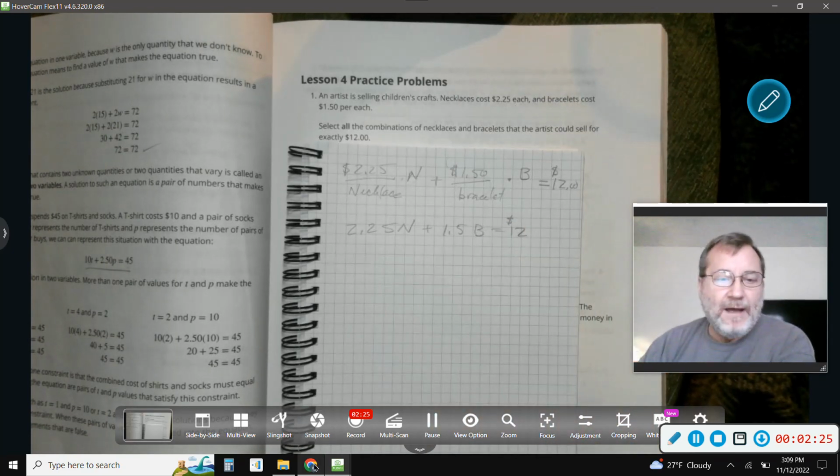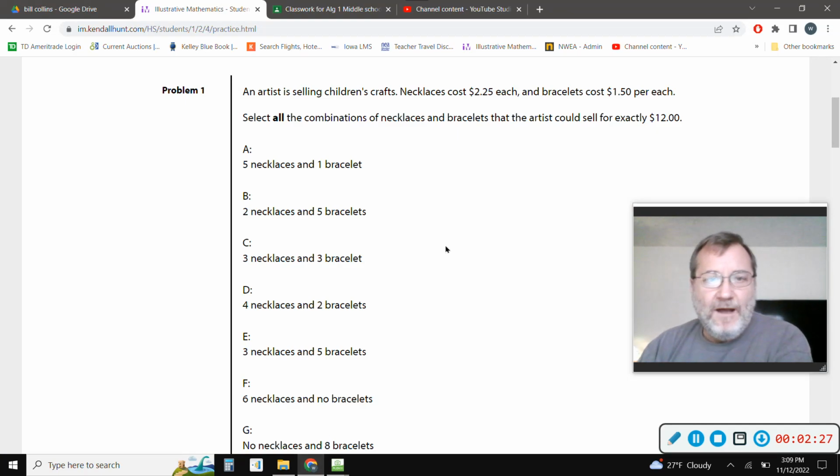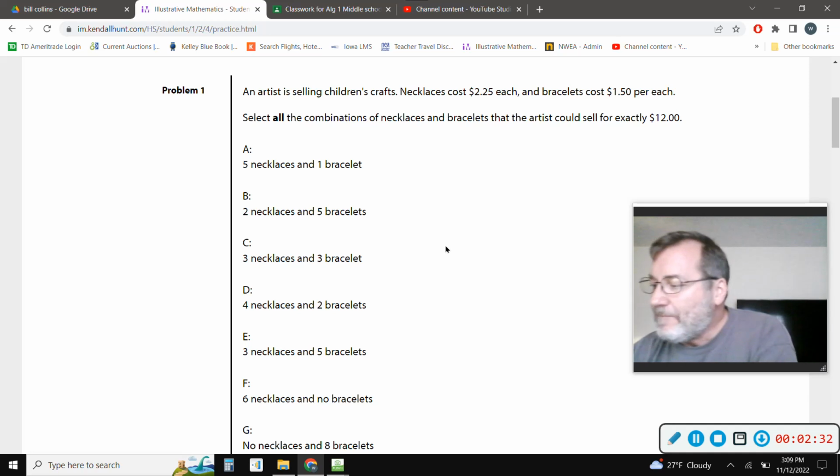So if we go back to what we got here, 5 and 1. So 5 necklaces, 1 bracelet. Let's do some math here. 2.25 times 5 plus 1.5 times 1. We have to see what this equals and whether it works. Well, 5 times 2 1/4, well, 5 quarters is $1 1/4.